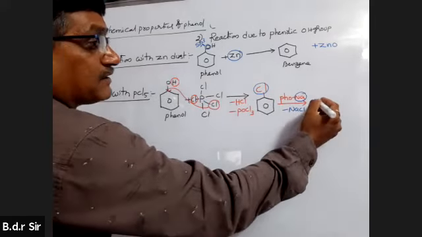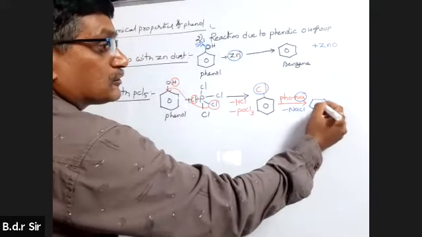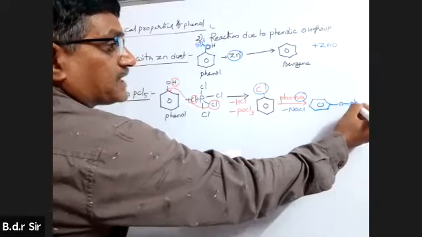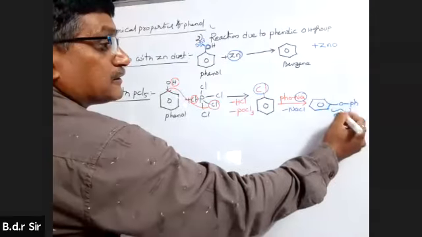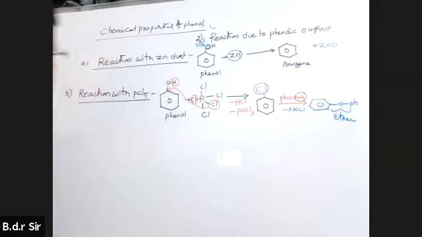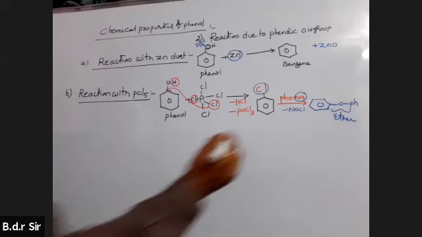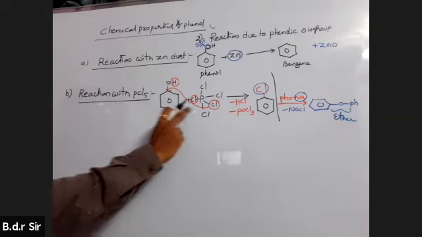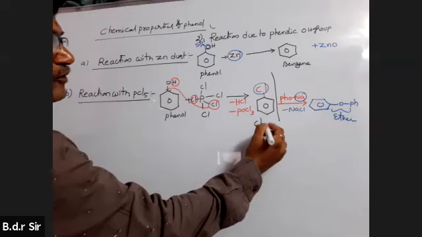What is the remaining? It forms an ether, since Ph means the benzene ring. Actually, in this reaction, up to this point is enough: phenol reacts with phosphorus pentachloride to form chlorobenzene.